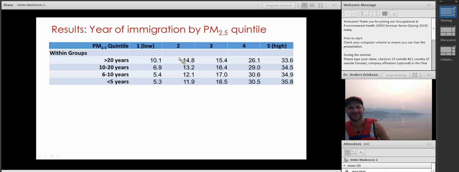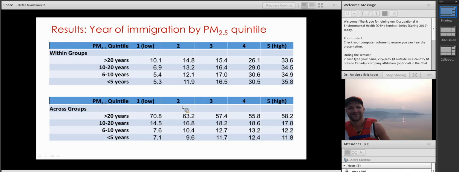And again, across the levels, the quintiles of particulate matter, these are fairly, nothing too crazy. These actually are fairly even. When you look across the groups, you see a little bit of these differences.